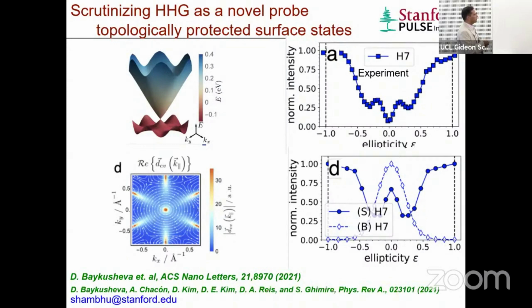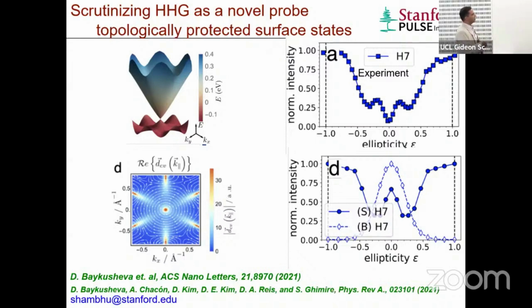So let me walk you through this plot. Here, these are the calculation results. The open diamonds are the harmonic intensity as a function of the ellipticity from the bulk. Okay, the bulk doesn't have this vortex feature because there is a band gap.